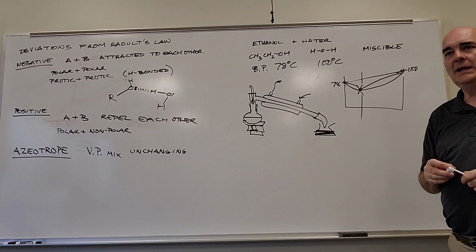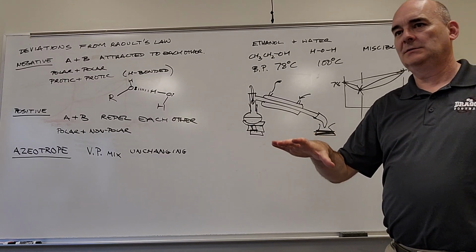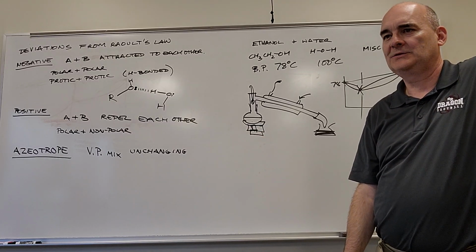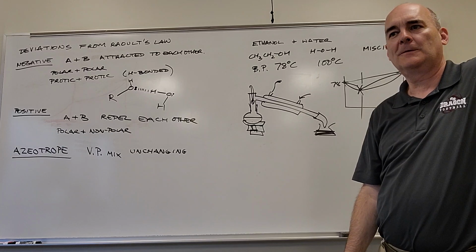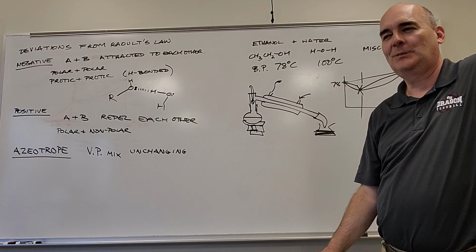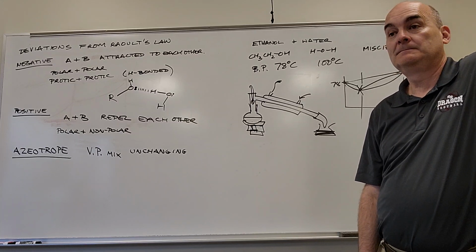And if you start reading the billboards and the magazine articles about the locally made gin in town, what's that called? Was that vodka? Vodka. It says triple distilled for purity. That's marketing speak for we gave up.